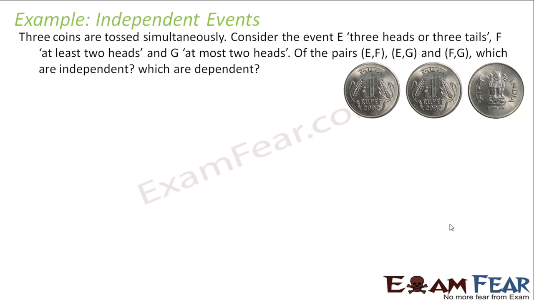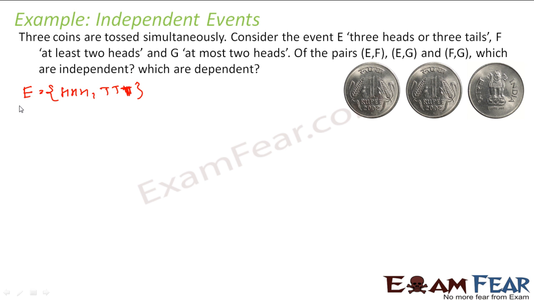So I have 3 coins and I toss them. So first let's write all these events, then I'll say what to do. Event E is 3 heads or 3 tails. That means event E will have the values head, head, head and tail, tail, tail. Only 2 options, right?